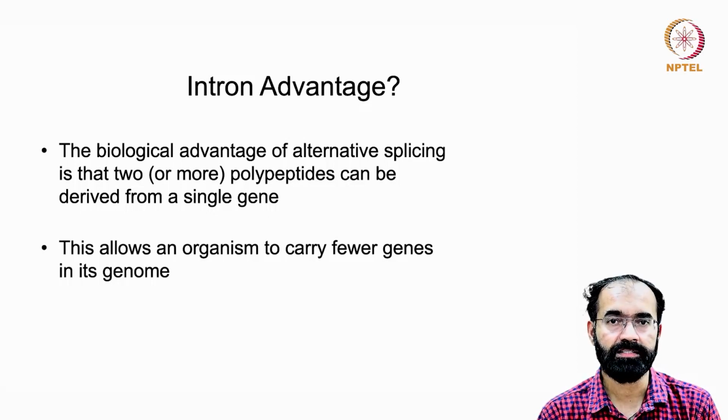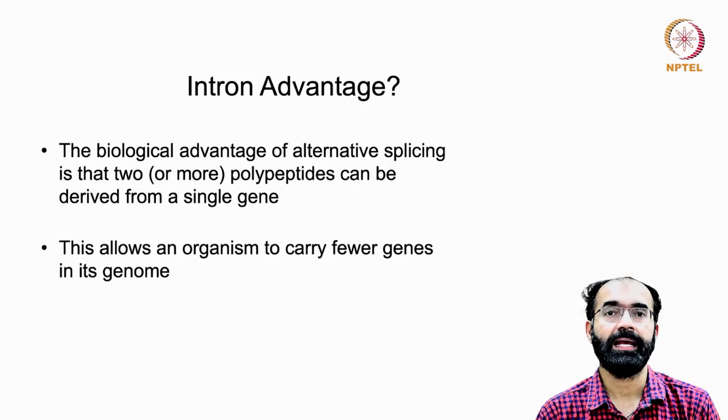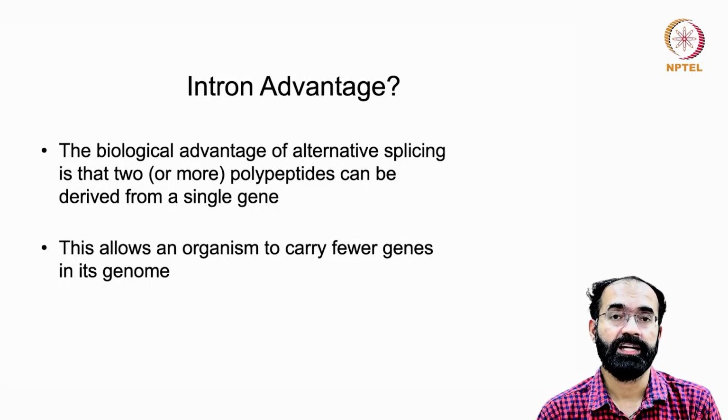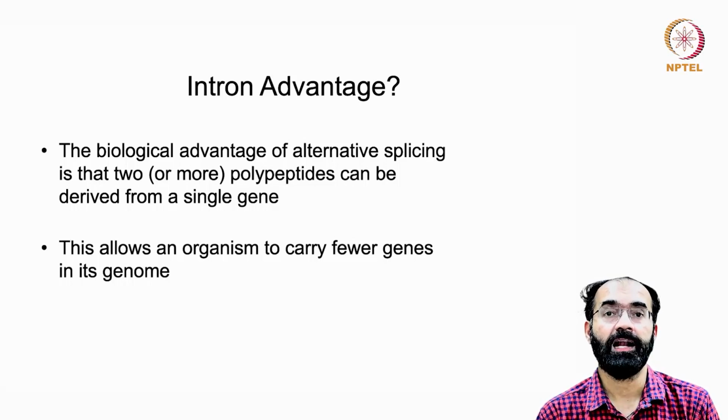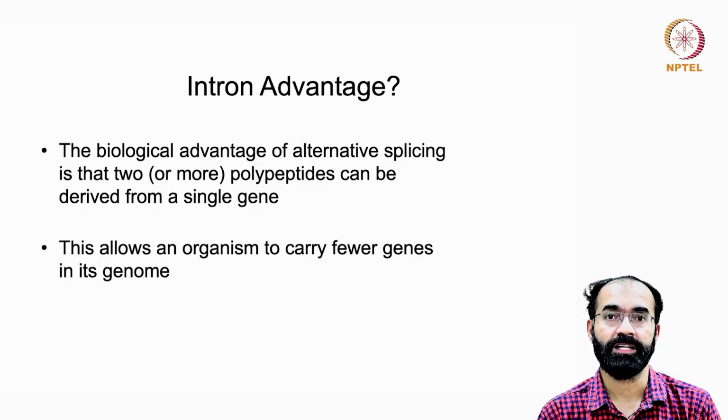Nobody completely understands the real essence of alternative splicing, and I am sure in future someone may come up with a clear-cut answer, and that will be one of the Nobel Prize winning discoveries, because alternative splicing is that important, and we do not even now completely understand how many expressed genes there are in humans. We don't know.